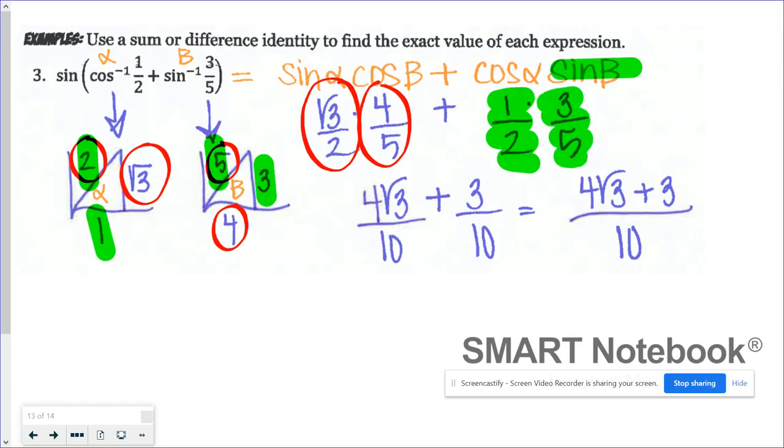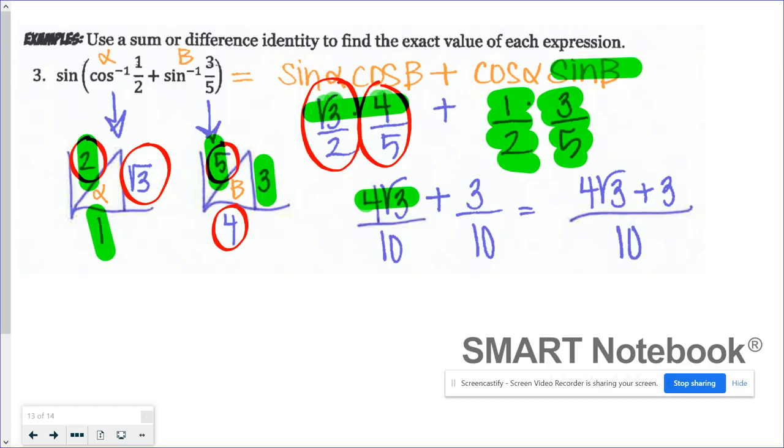So once I've found these 4 exact values, I can do my multiplication, and then I can combine these two fractions if possible. When I multiplied the square root of 3 times 4, I simply got 4 root 3, because we can multiply insides with insides and outsides with outsides. We can't multiply an insider and an outsider.